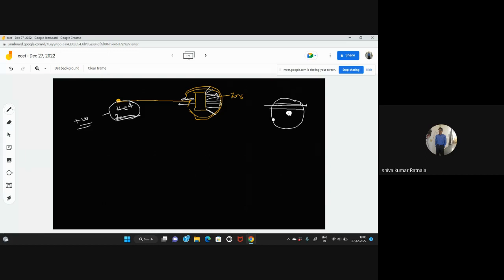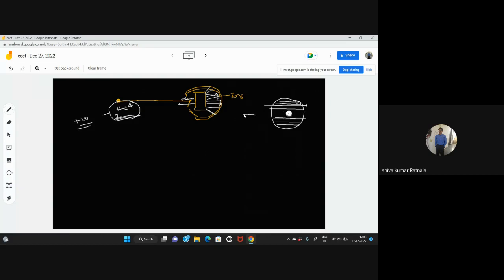As we know, when we have an empty region, obviously alpha particles or anything can pass through the empty space. That's the reason most of the alpha particles pass through. He said most of the space in the atom is empty, and this is the positive charge.